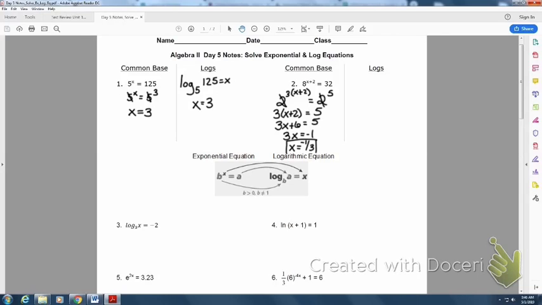If I was to do that using logs, what would my base be? Log base 8 of 32 equals x plus 2. And so to solve for x, what would I need to do? Subtract 2. So am I going to have log base 8 of 30?